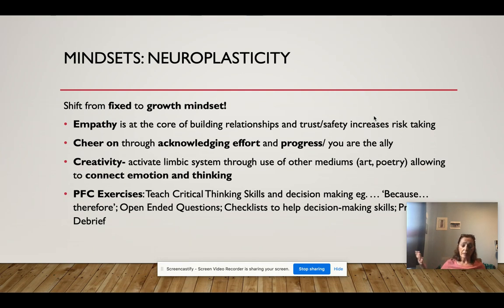So it could be something as simple with littles as saying, because I see the sky is gray, then I know it's going to rain later, right? It could be, because I planted a seed in the dirt and watered it, then I know it's going to grow into a plant. Okay.